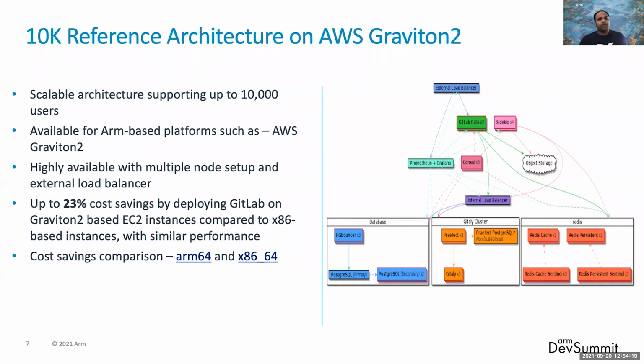For instances of GitLab with fewer than 2K users, it's recommended that you use the single node GitLab deployment if you want a self-hosted deployment, to minimize maintenance and costs.